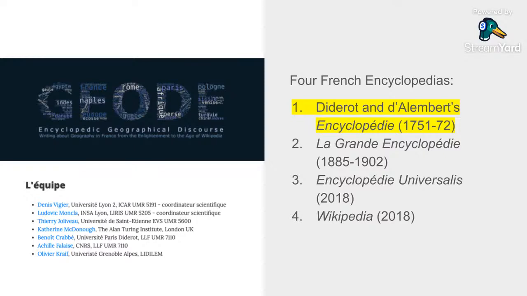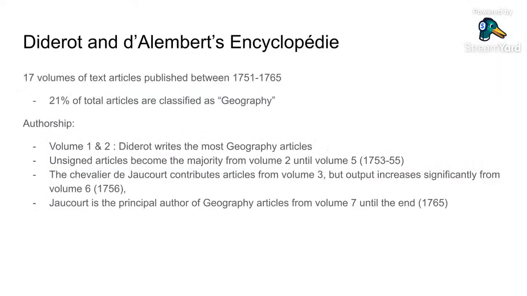Today we're only going to be looking at the first encyclopedia that's part of our collection. And this is Diderot and d'Alembert's great encyclopedia, Encyclopédie, which was published in the middle of the 18th century. Diderot and d'Alembert's Encyclopédie is a really important text for the Enlightenment. It includes 17 volumes of text published between 1751 and 65.